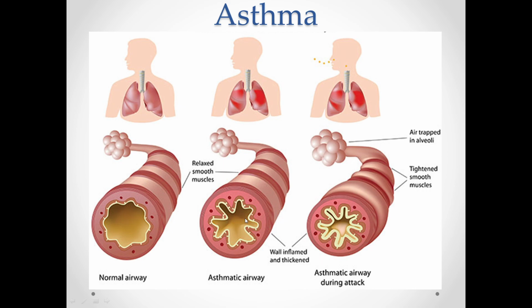Now, if somebody then experiences some sort of stimulus within these bronchi that would cause bronchoconstriction, then because there are additional smooth muscle cells here, that constrictive stimulus is often exaggerated, resulting in a very strong bronchoconstriction phenotype.